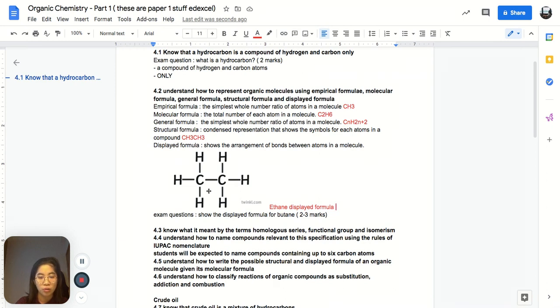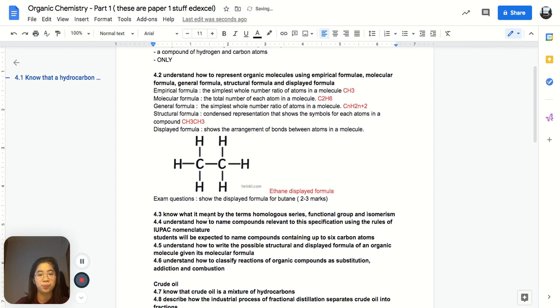You just gotta know the display formula to know the structural formula. So that's basically that. I hope that wasn't too confusing, but if it's really confusing, I can do another video talking about this in more detail. But for now, let's move on to the next big point.